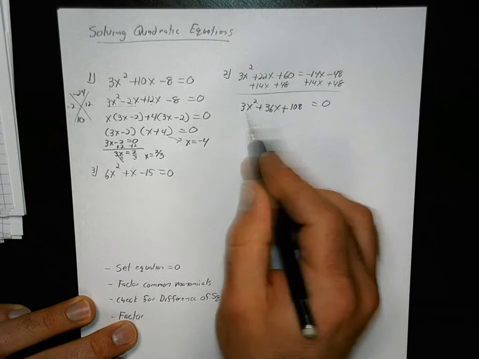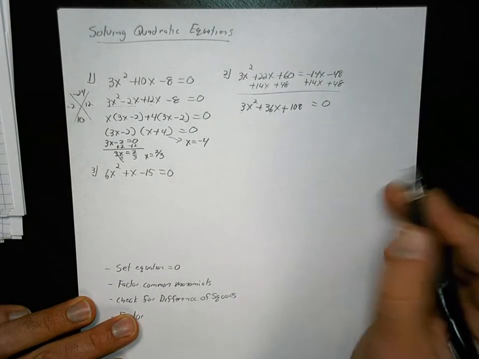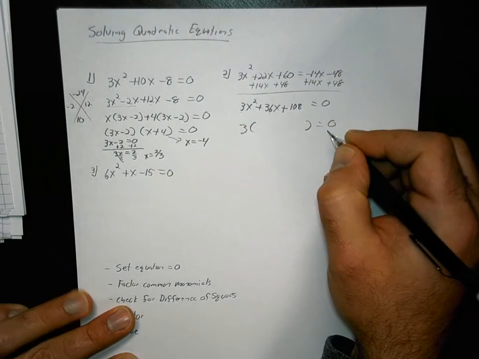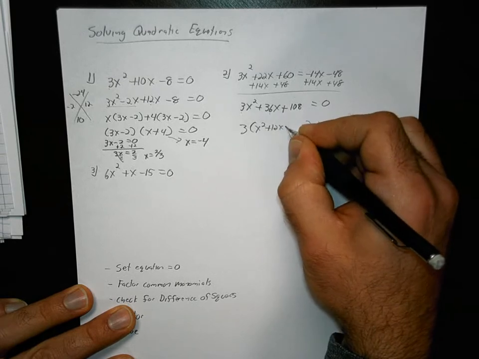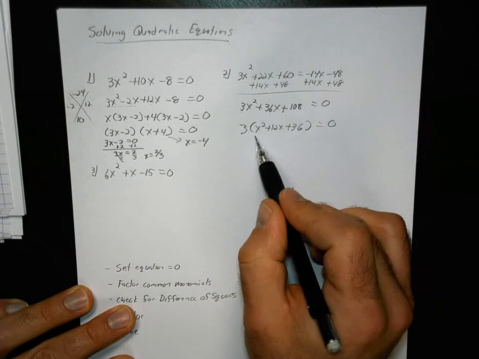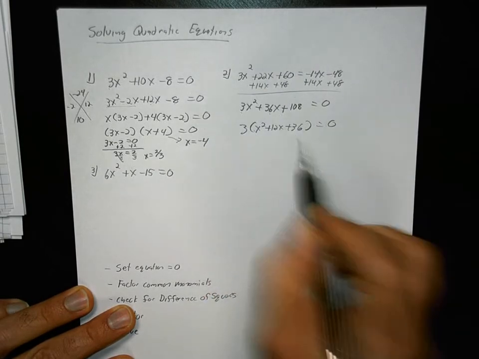Okay, so the first step, we always have to get everything to one side. Now notice, 3 goes in every term, so I better factor that out of each term first. Then I get that.